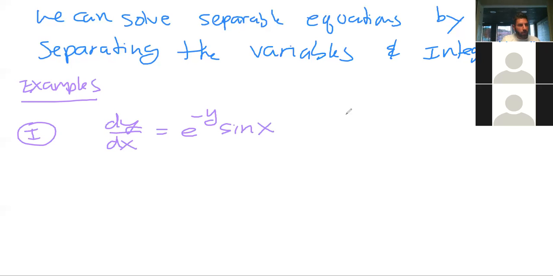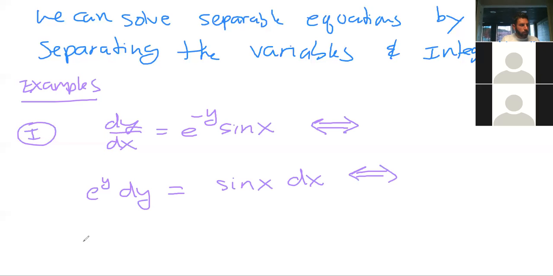So I'm going to rewrite this as e to the y dy equals sine x dx. I put all my y's on one side and all my x's on the other side. So I separated the variables, and now I can integrate.